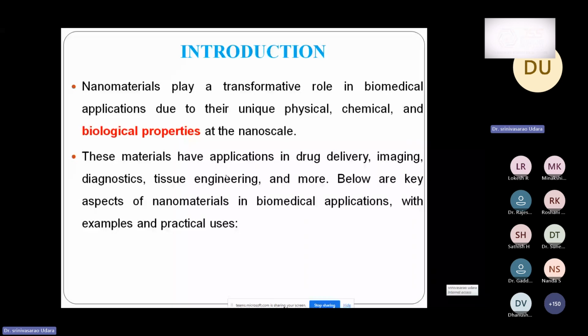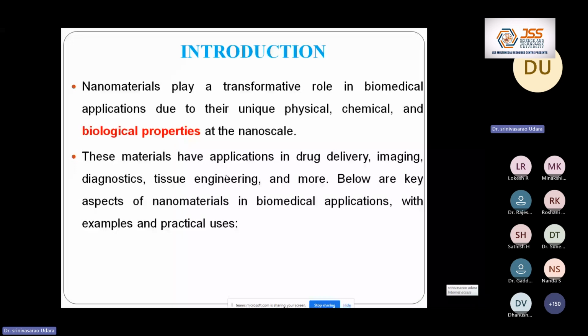But in addition to that, coming to the biomedical field, biological properties are very, very important at the nanoscale, because based on the biological properties only can we have the application, and based on the biological properties only will the application be fulfilled. And where will we get these biological properties, and what are the materials? It is necessary to identify the materials for biomedical applications.